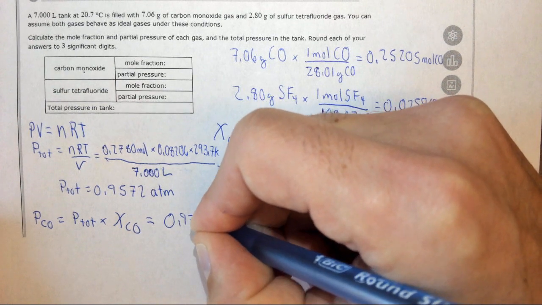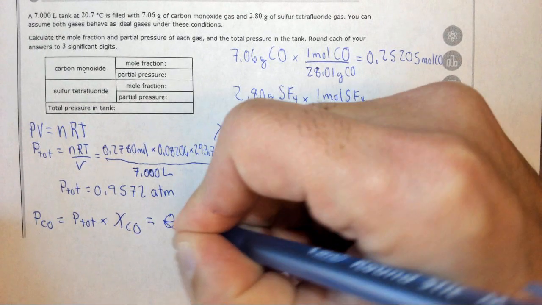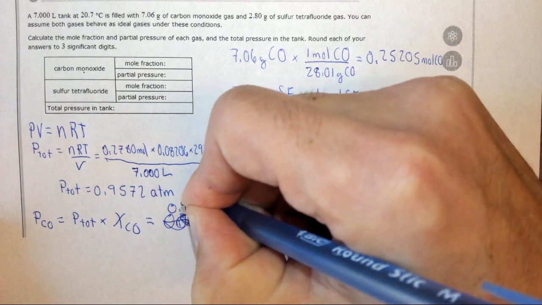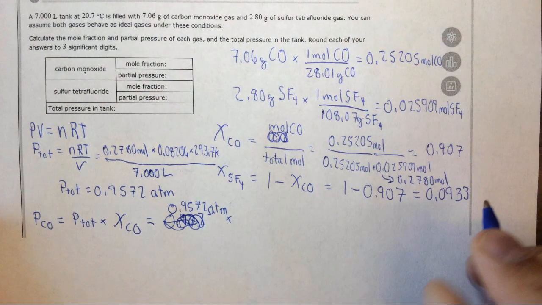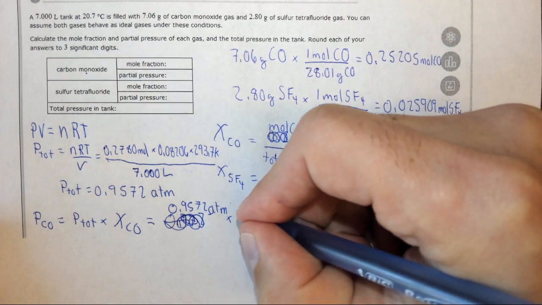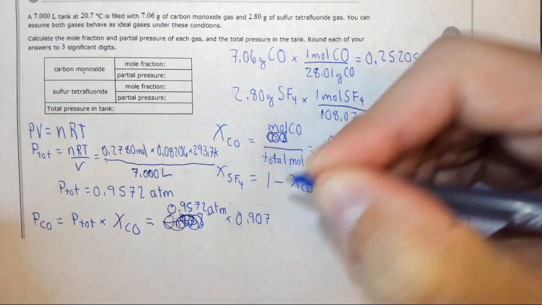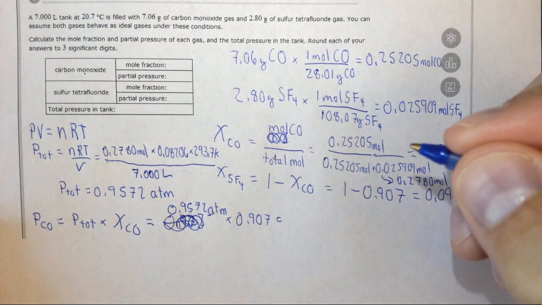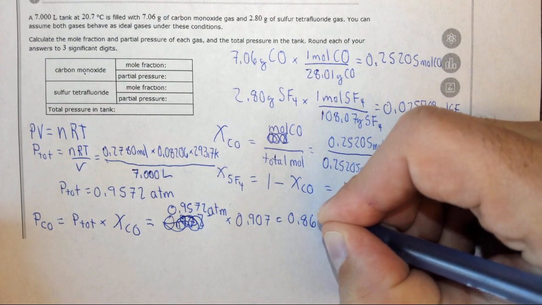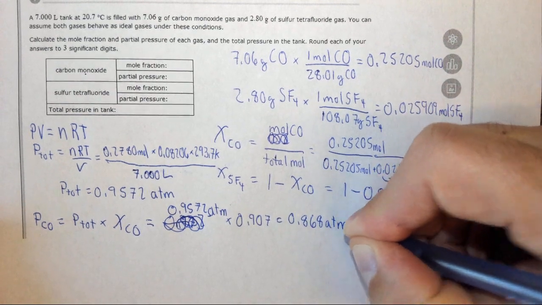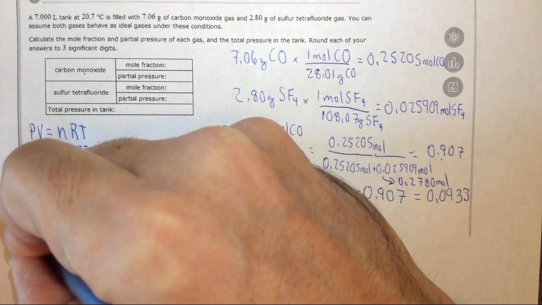I forgot a 5 in there, so I'm going to rewrite that, 0.9572 atmospheres, times the mole fraction of CO, which I found previously, 0.907, and that gives me the pressure of the CO, which is 0.868 atmospheres.